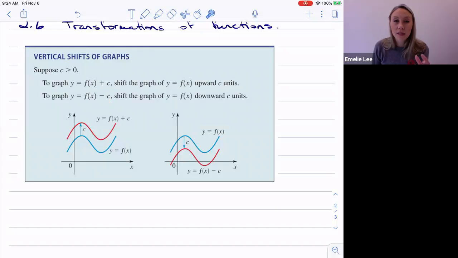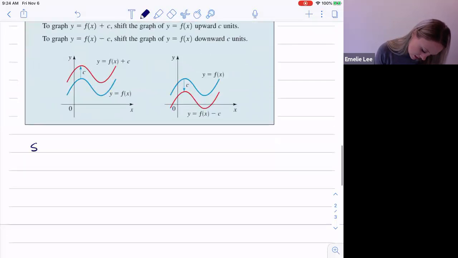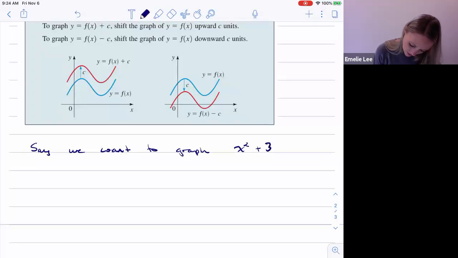So say we want to graph x to the power of 2 plus 3.